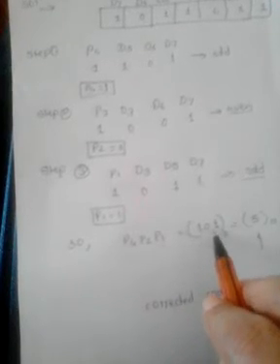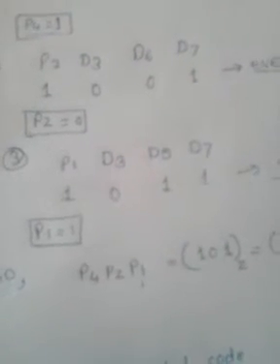Next we have to find the final error-correcting code. So P4, P2 and P1. Writing the binary output, we get 101.